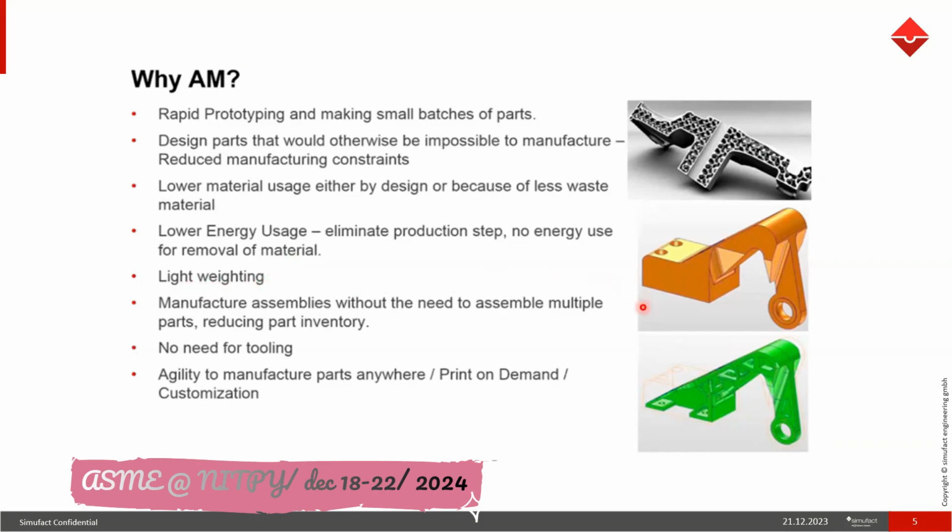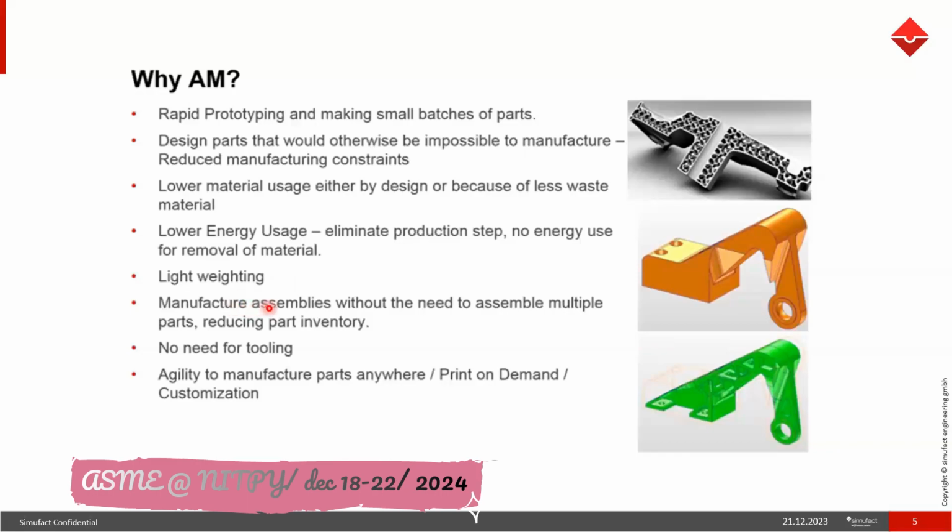Lightweighting in the sense that we are trying to reduce the weight, making the components lighter in function, in functioning parts where we want to optimize the weight of the components. It can be automotive parts or aerospace parts that can be used for lightweighting.